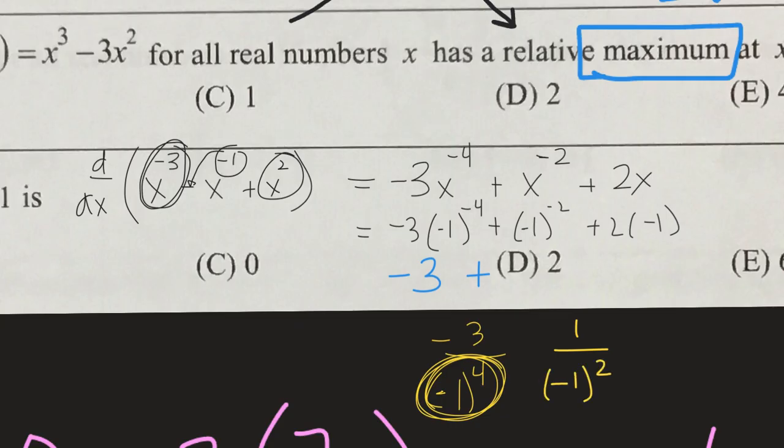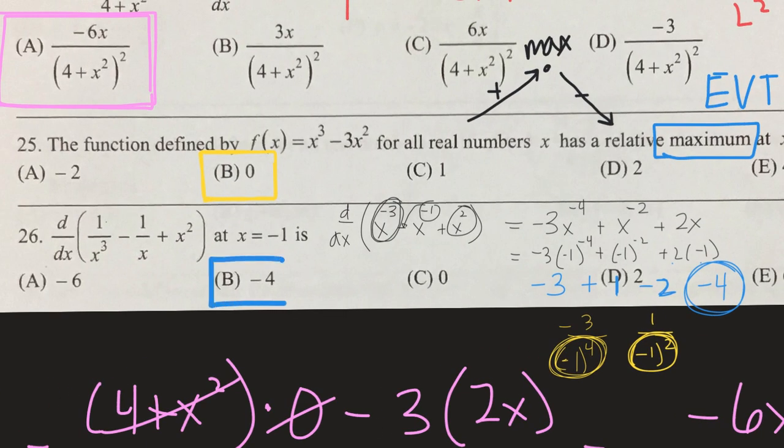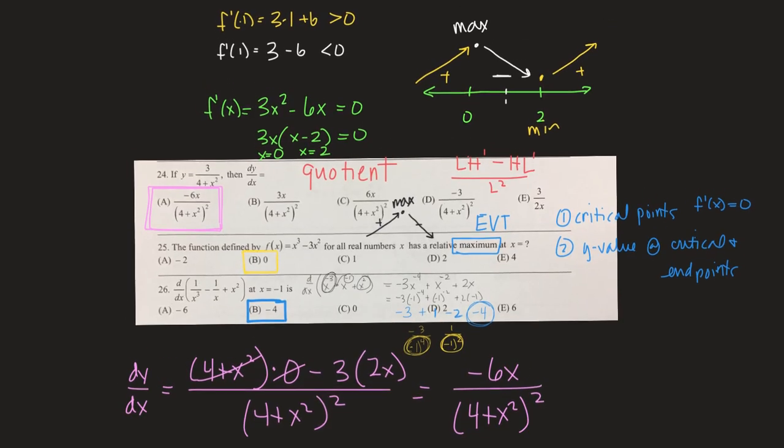Once again, a negative raised to an even power is 1. So 1 over 1 is +1. So I'm adding 1 there to -3. And then, of course, 2 times -1 is -2. So -3 plus 1 minus 2 is -4. Is that an option? There it is, option B is our final answer of our review.